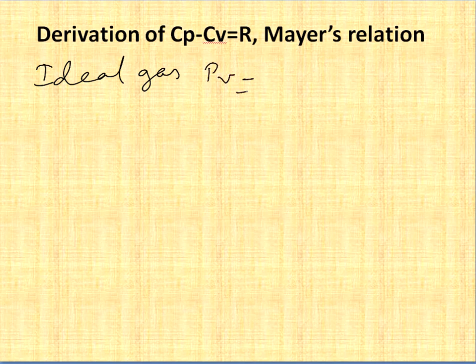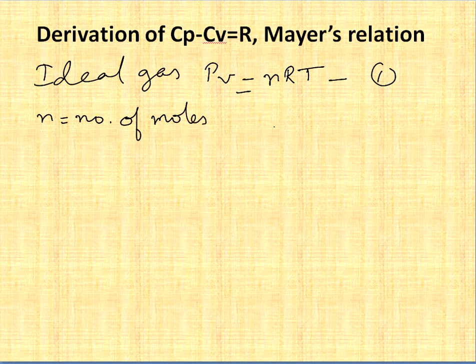PV is equal to nRT, where n is the number of moles. If 1 mole is taken, the equation will be PV is equal to RT. Okay, this will be the equation.